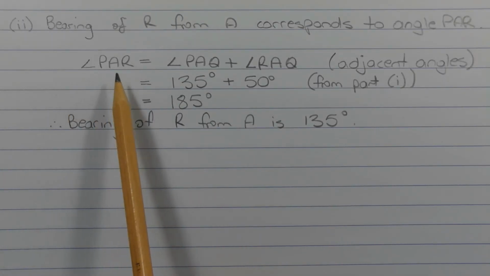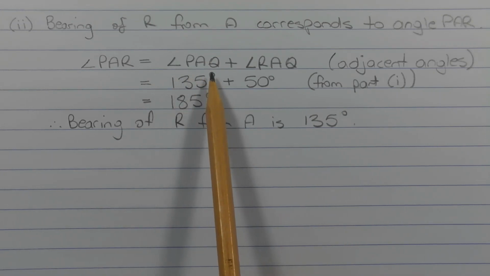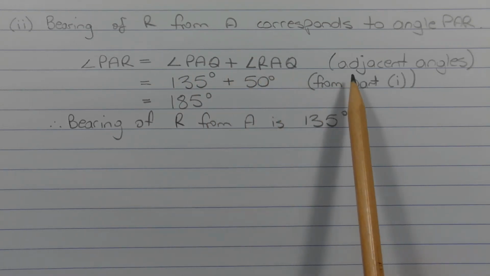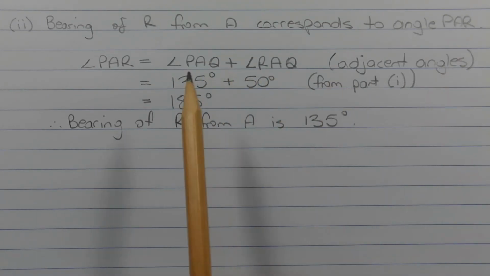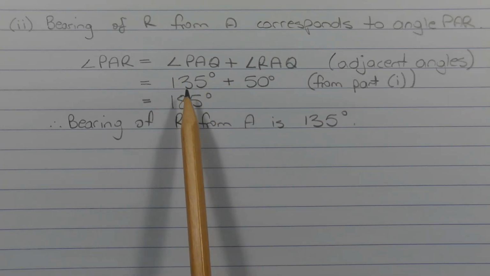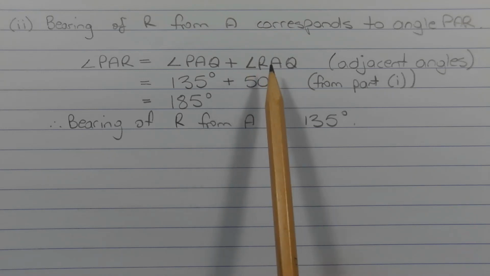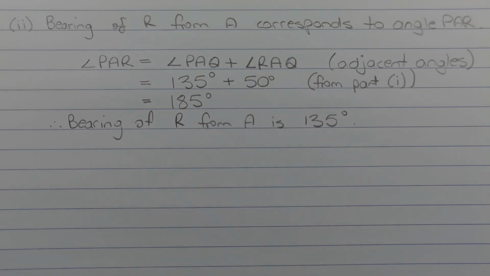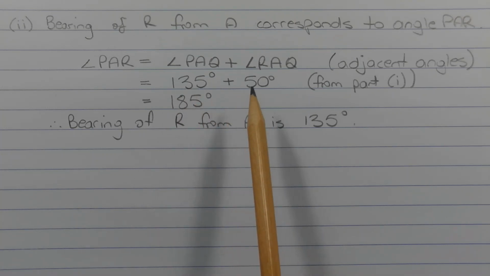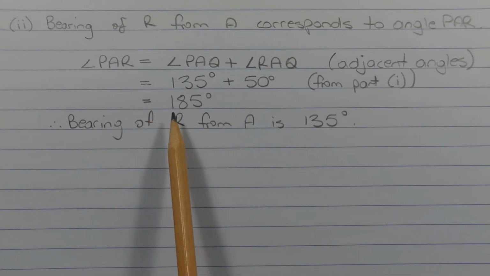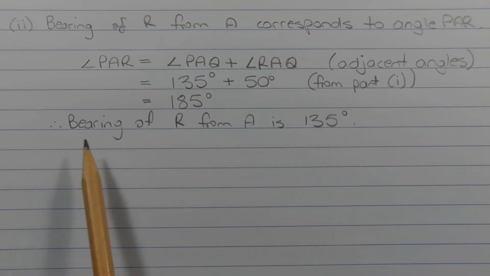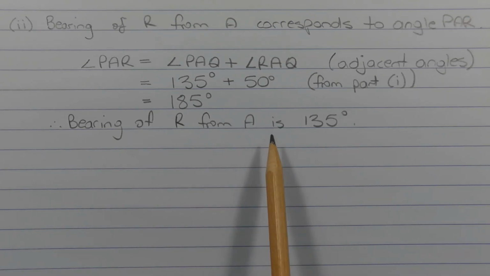So angle PAR is equal to angle PAQ plus angle RAQ, since they are adjacent angles. And angle PAQ is 135 degrees, which was found in part 1, and angle RAQ is 50 degrees, which is given in the diagram. So 135 degrees plus 50 degrees is equal to 185 degrees. Therefore, the bearing of R from A is 185 degrees.